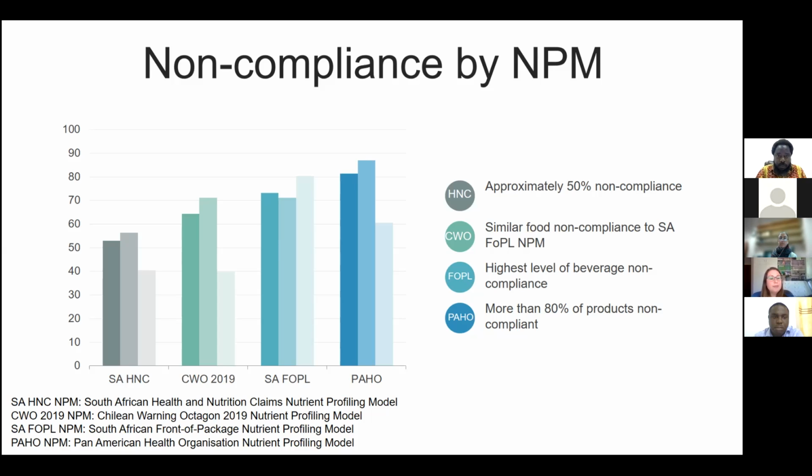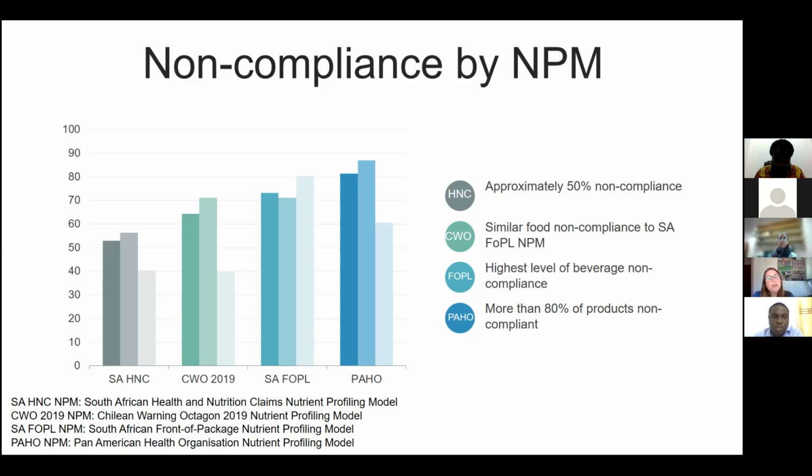We found that the health and nutrition claims model was most lenient and least likely to carry a warning label, with 47% of products not carrying a warning label, and the PAHO model was strictest, where less than 20% would not have a warning label.